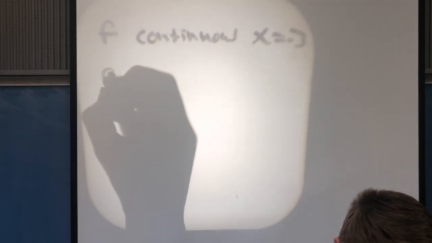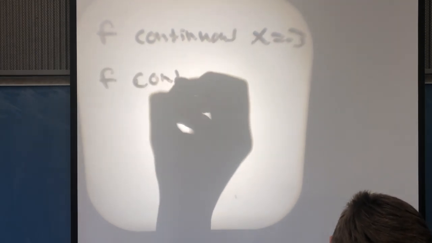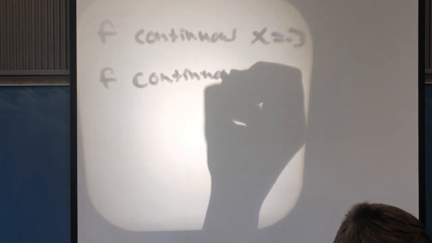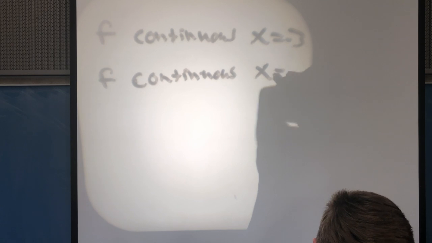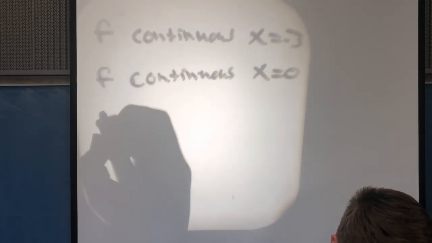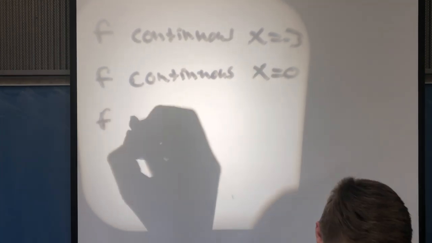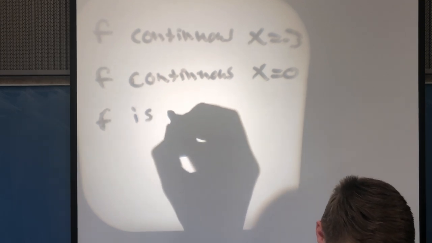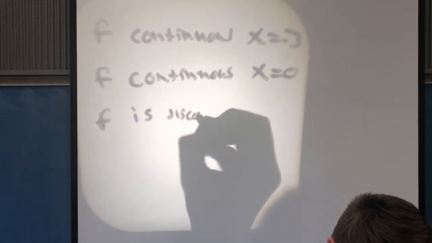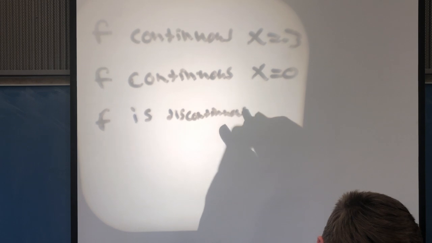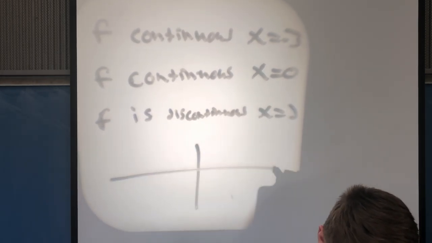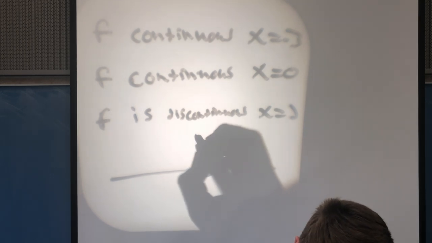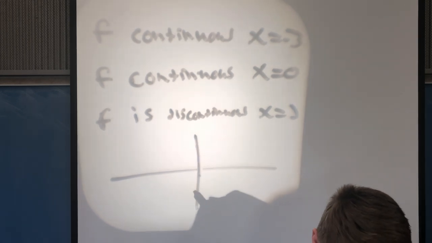It also gives us that f is continuous from the right at x equals 0. And it also gives us that f is discontinuous at x equals 2. So we put this on a graph, and we're going to put our number at 1.